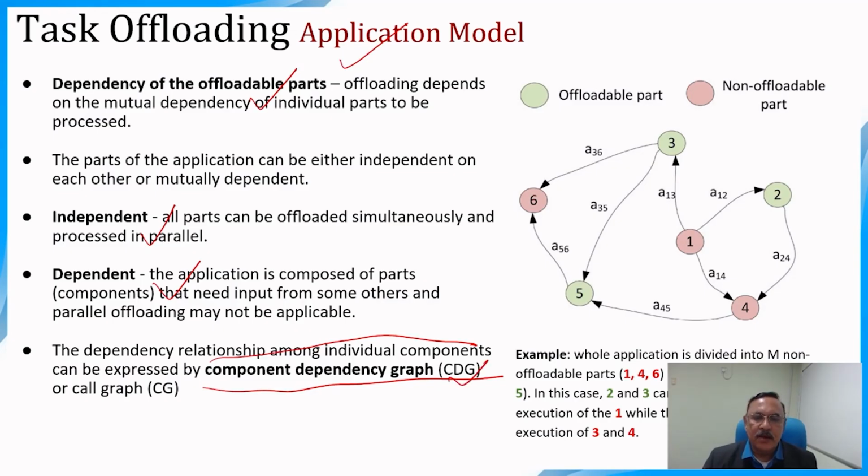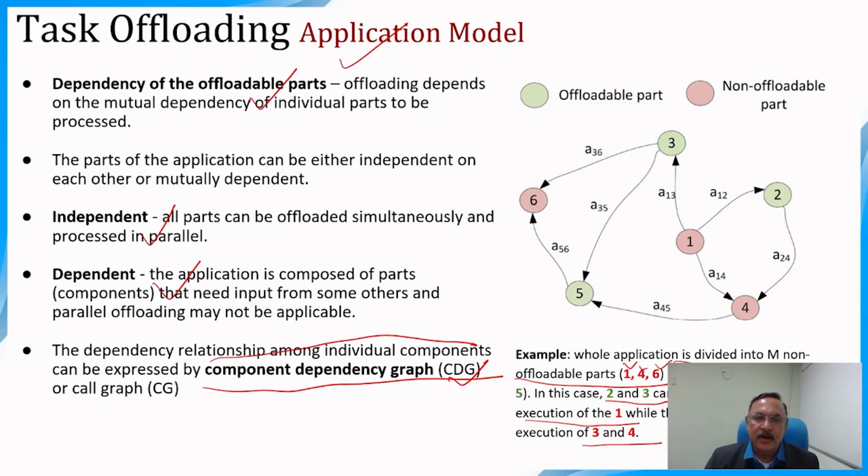Here in this example you can see that the whole application is divided into m non-offloadable parts 1, 4, 6 and n offloadable parts, that is 2, 3, 5. 2 and 3 can be offloaded only after the execution of 1, while 5 can be offloaded after the execution of 3 and 4. So, that is what is shown over here.